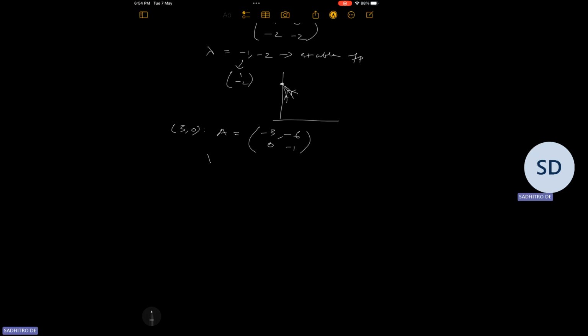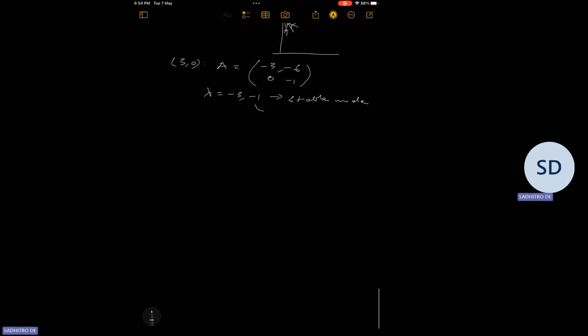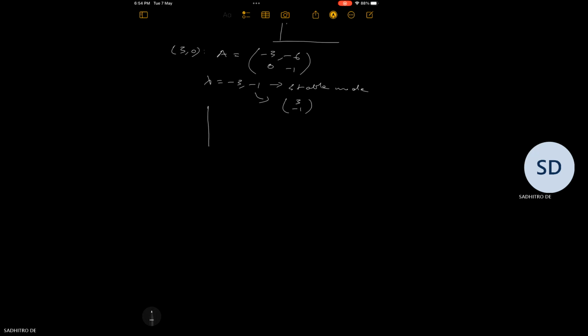Here again, lambda equal to minus 1 is that it's a stable node, and the eigenvector corresponding to the smaller eigenvalue is minus 1. So this fixed point will remain somewhere over here. This is the stable eigendirection, and all the trajectories will try to become parallel to this.